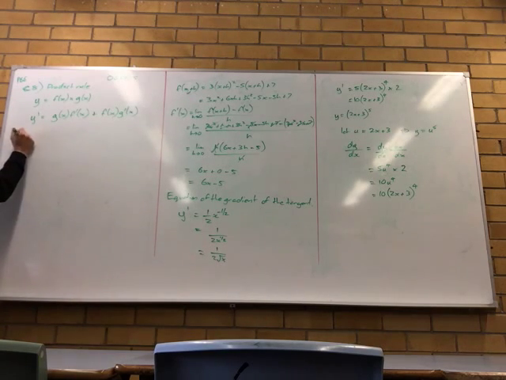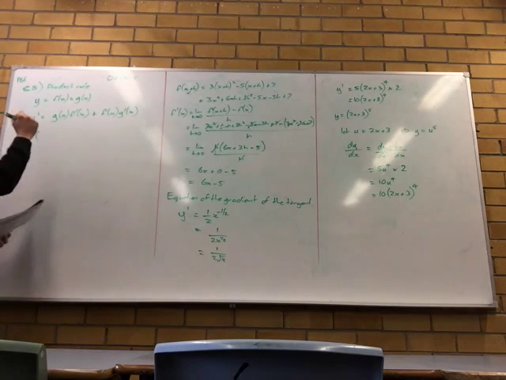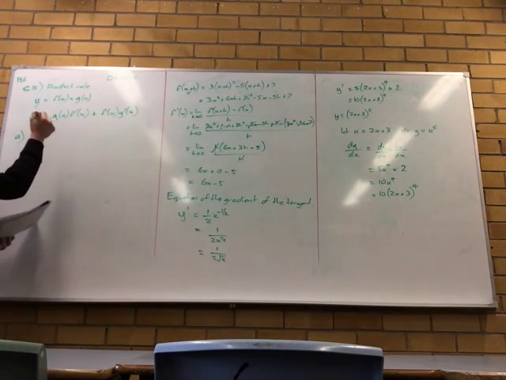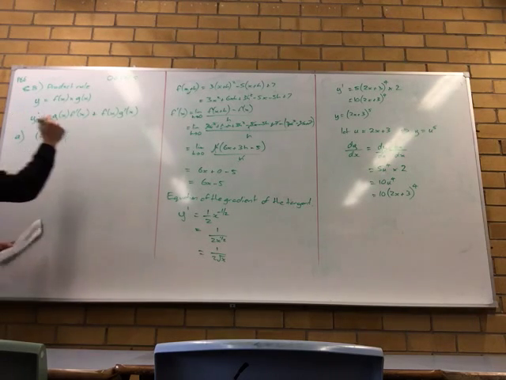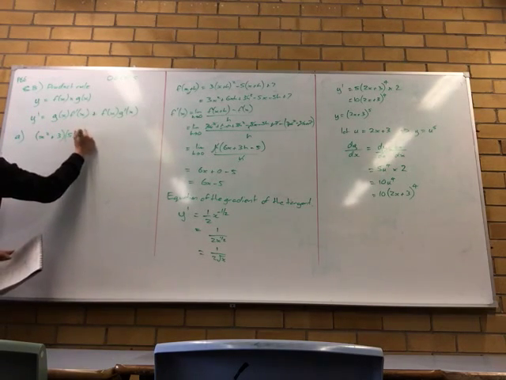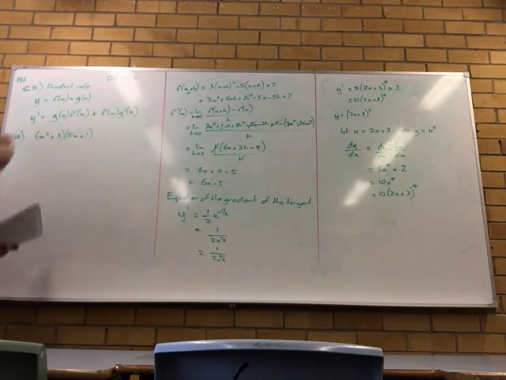Alright, let's look at some examples. Differentiate the following. x squared plus 3, 5x plus 1. I'm just talking it through while giving people a chance to write it down.